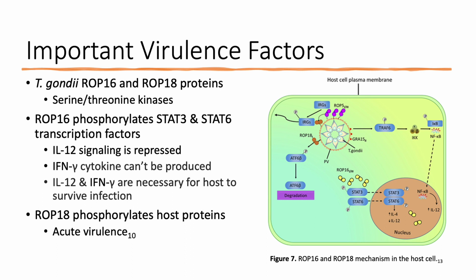Toxoplasma gondii has a couple of important virulence factors that help it infect the host cell. These would be the ROP16 and ROP18 proteins, and these are serine and threonine kinases. For the first one, the ROP16 protein, this is going to phosphorylate STAT3 and STAT6 transcription factors, which will then repress the IL-12 signaling.